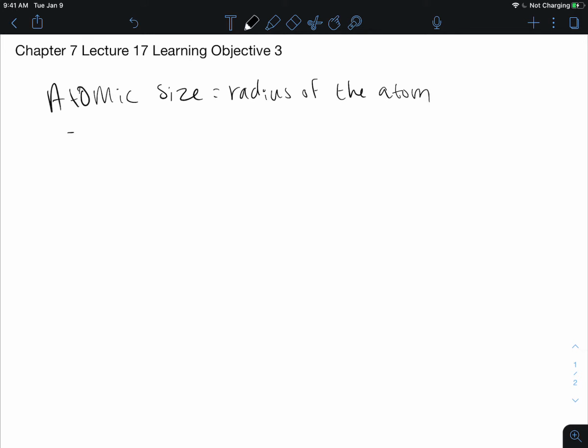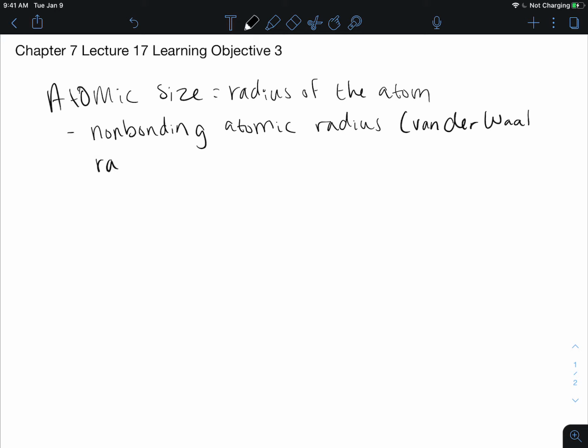There's what's called the non-bonding atomic radius, which is called the van der Waals radius, and it's half of the shortest distance separating two nuclei during a collision of atoms. When two atoms of the same type collide, it's half of the distance between them.